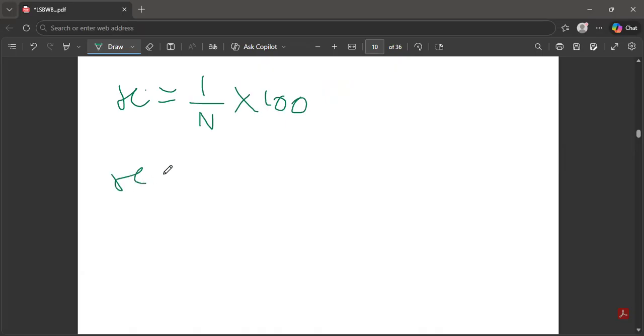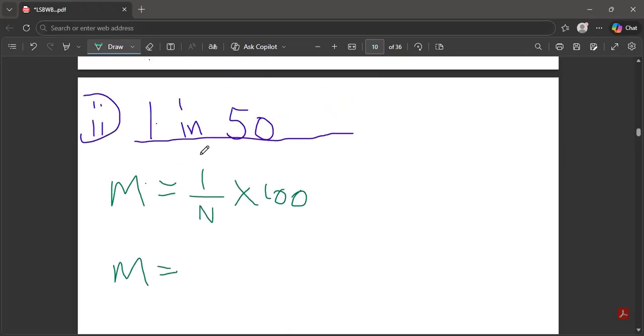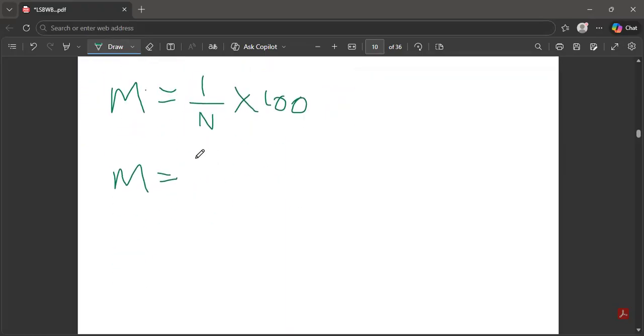Our x, which is the slope, or m, let's use m in this case. M is the slope. So that is 1 over 50 times 100.